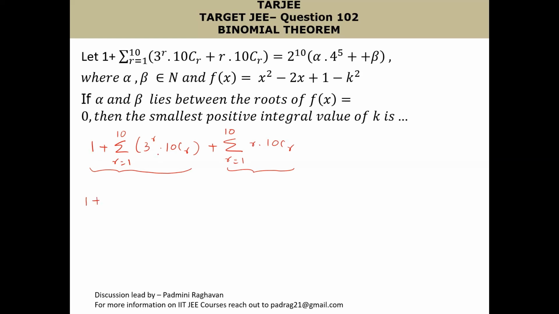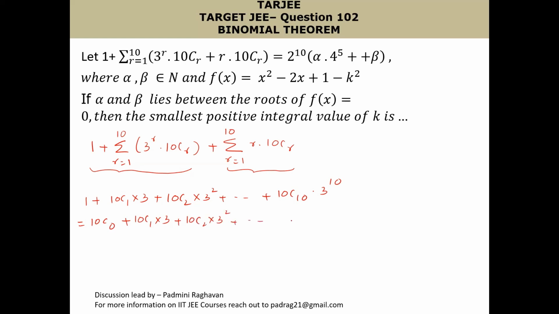It is 1 plus, let's expand it, put r is equal to 1. You get 10c1 into 3 plus 10c2 into 3 square plus etc. 10c10 into 3 power 10. We can replace this 1 as 10c0 plus 10c1 into 3 plus 10c2 into 3 square and so on.